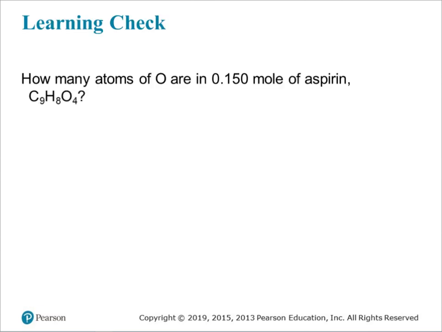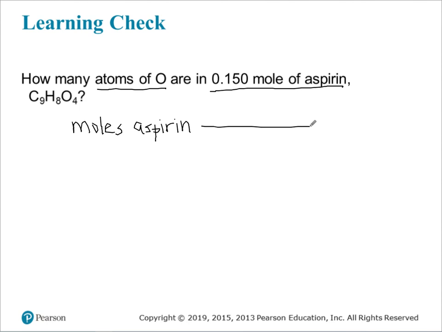So let's do one. Here, the question is asking how many atoms of oxygen are in 1.50 moles of aspirin. So we have moles of aspirin, and we need to somehow get to the number of oxygen atoms.